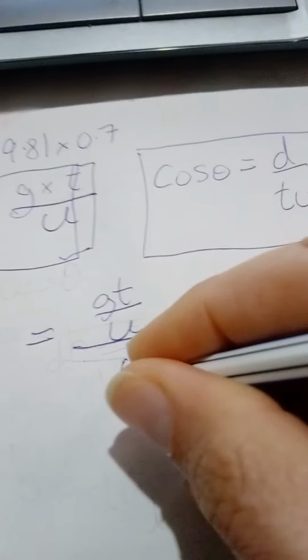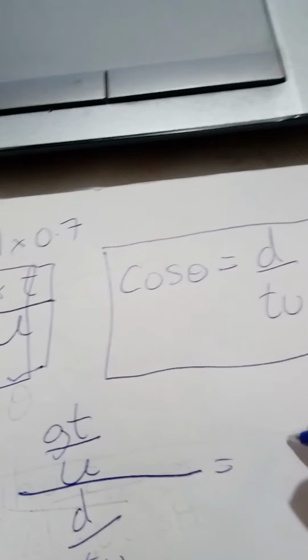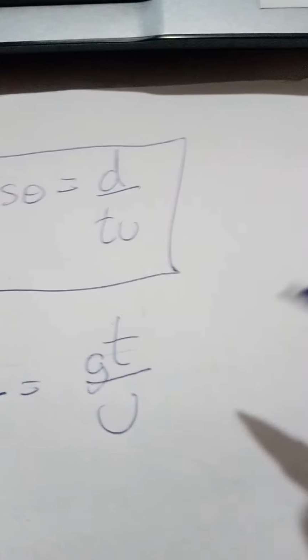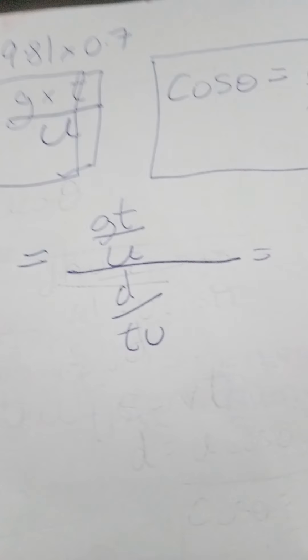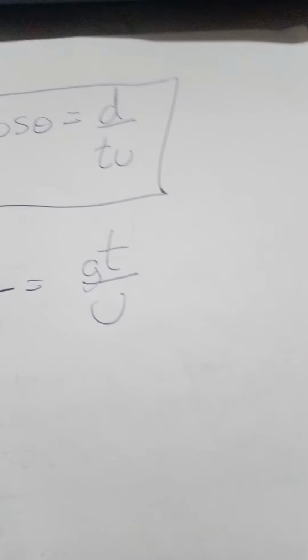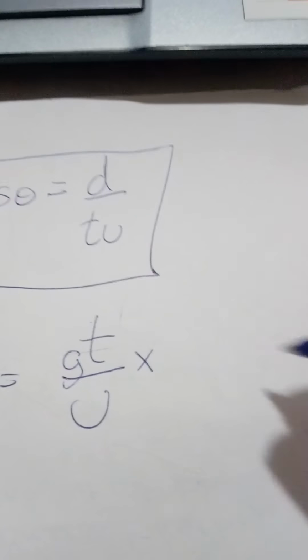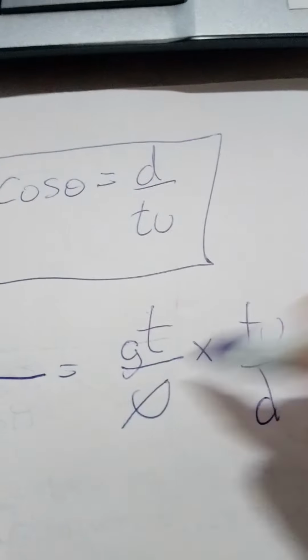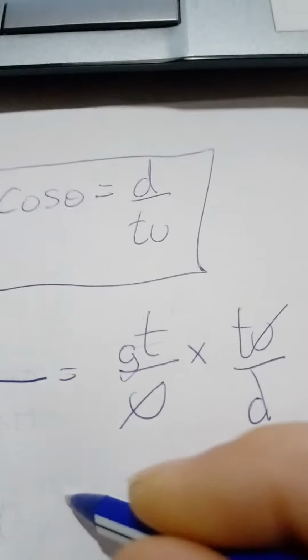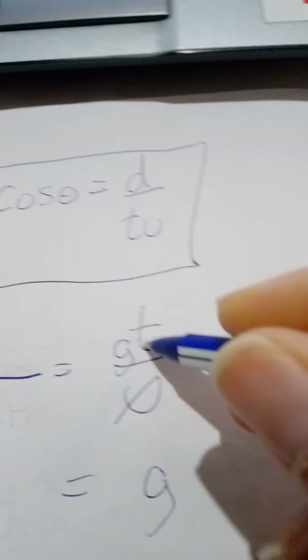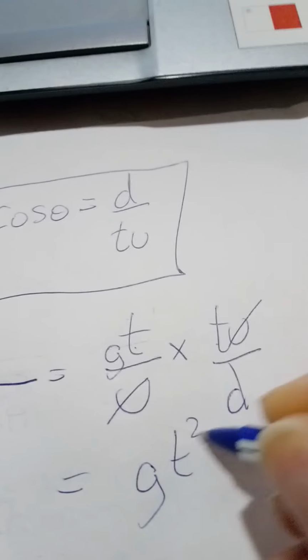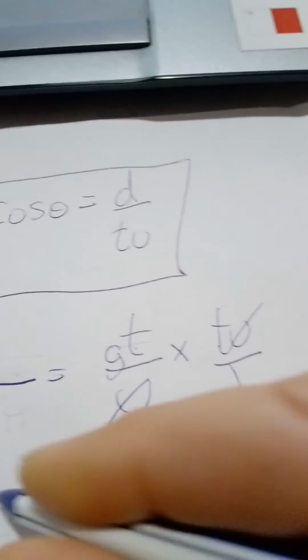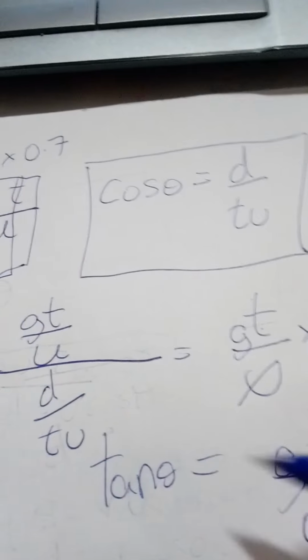Instead of cos theta, we've got d over tu, which becomes gt on u, and dt on u. We take it to the top and it becomes the other way around, inverse, when you multiply. So it becomes tu over d. We can see that the u's cancel. At the top we have g, t times t becomes t squared, over d, is tan theta.